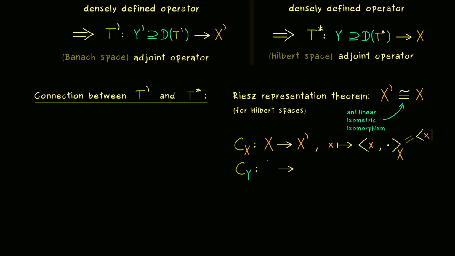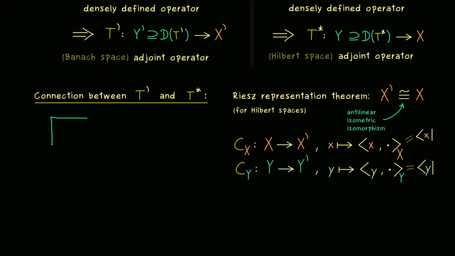Moreover, on the other hand, we can also do the same for the second Hilbert space Y. It's exactly the same, but there we have to use the inner product in Y. However, also there, let's shorten the notation. Okay, and now with these two antilinear maps, it's quite easy to make our connection between the two adjoints T prime and T star. So maybe let's make a quick sketch.